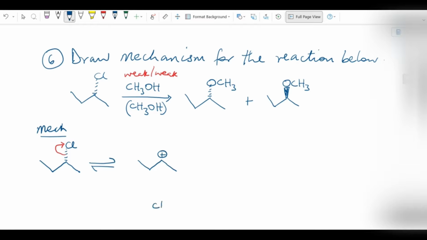And then we'll have the leaving group here. However, the carbocation intermediate has a trigonal planar geometry. In other words, the geometry of the carbocation intermediate is such that it is flat. And because it is flat, the nucleophile can attack from either the top face or the bottom face.